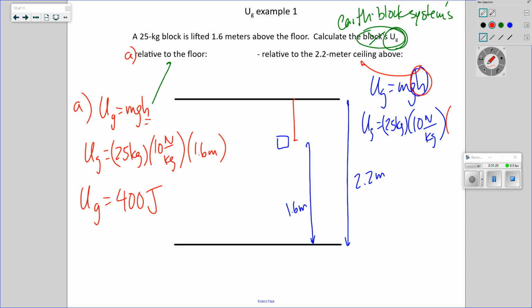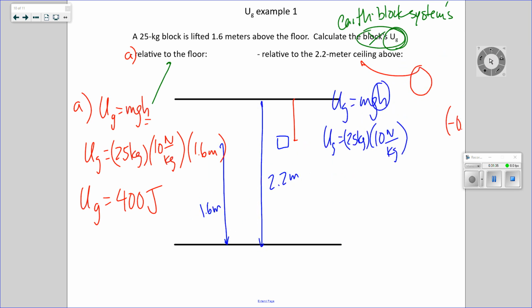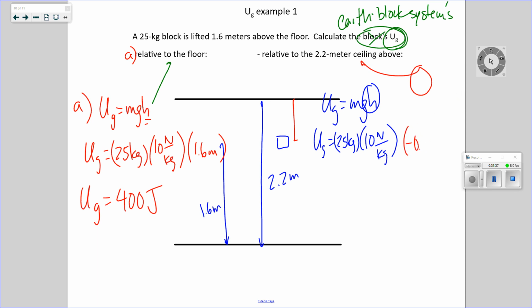That is a negative 0.6 meters. Okay, sure. There we go, it's fine. Negative 0.6 meters. So the system's gravitational potential energy relative to the ceiling is negative 150 joules.